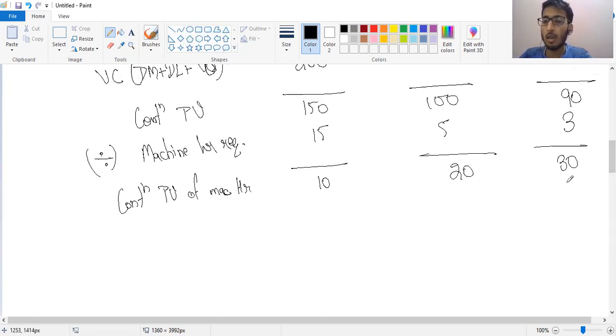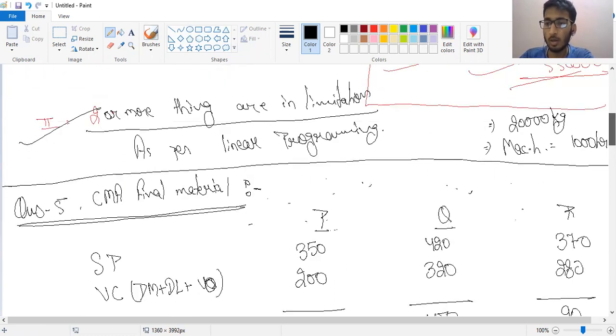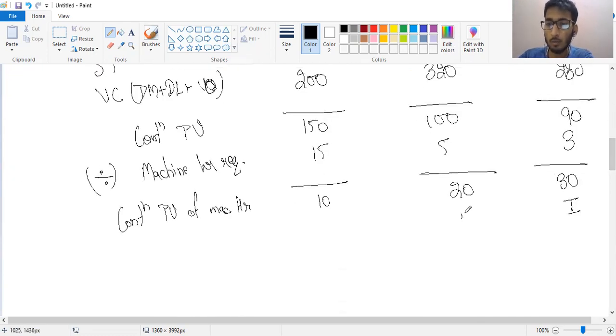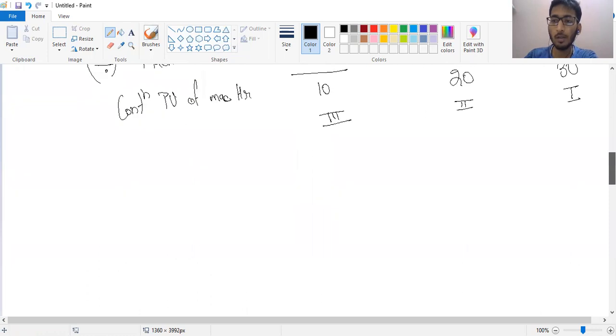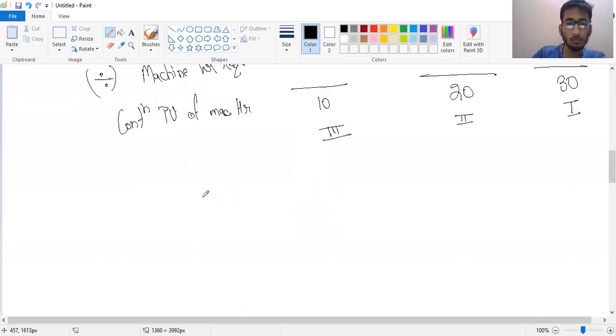So how can I rank the products? The first rank would be product R, second would be Q, and third would be T. So this is how I rank the products: first make product R, then product Q, and at the last product P.